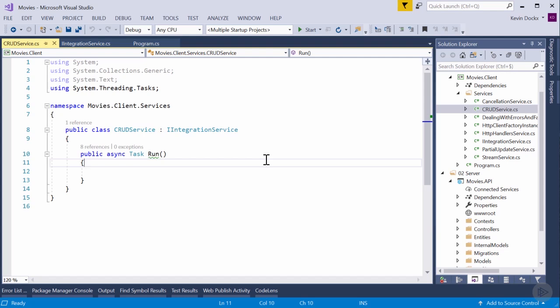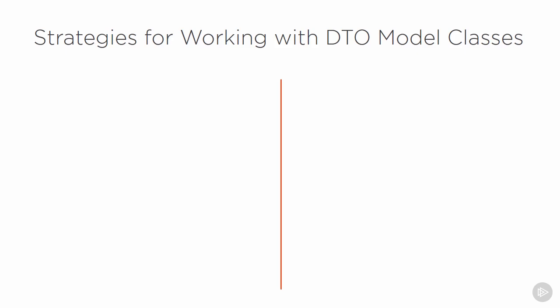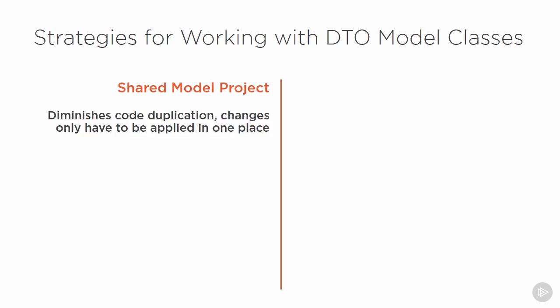We don't have client-side DTO classes yet. Let's see what our options are. A technique that's often used is creating a new project, say Movies.Shared. That would then contain the DTO classes. Both the client and the API reference this project. This diminishes code duplication and it ensures changes only have to be made in one place.